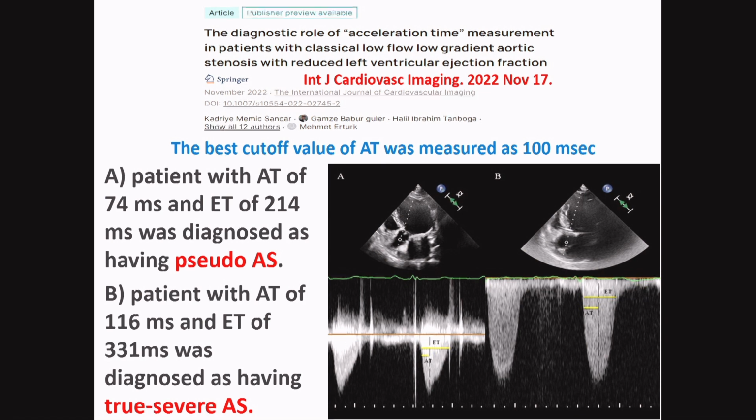The best cutoff value of acceleration time is 100 milliseconds. When it is more than 100 milliseconds, that is more in favor of true severe aortic stenosis. And there has been a lot of work on the importance of acceleration time in patients with heart failure with reduced ejection fraction.